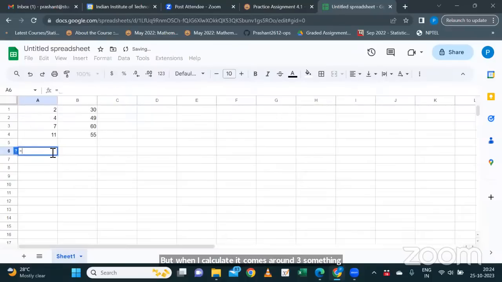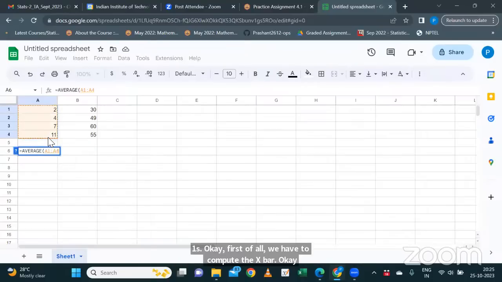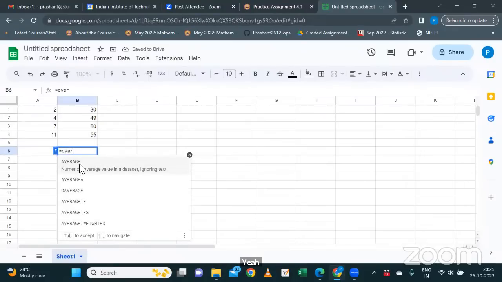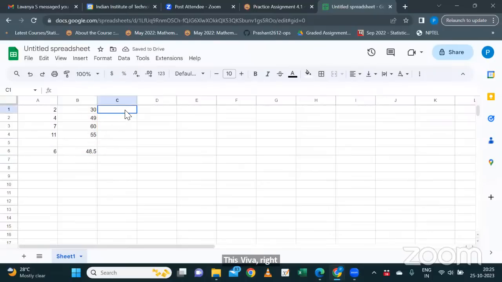Okay, one second. First of all, we have to compute the x bar, right? That means the average of this. Then the average of this, y bar, right? So far, so good. Now what you have to do? xi minus x bar. Okay, so it will be like this.